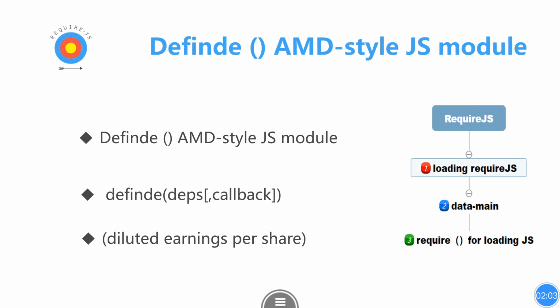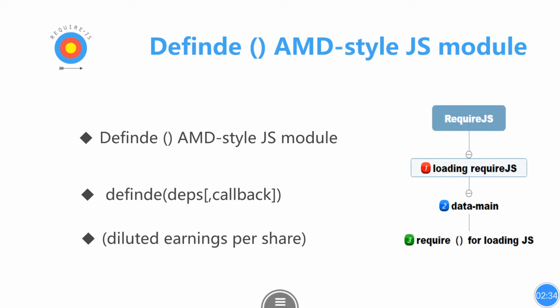Why? The word style maybe is not very right, but I feel it's easy for me. This is how to write the code in AMD style, which is also from require.js.